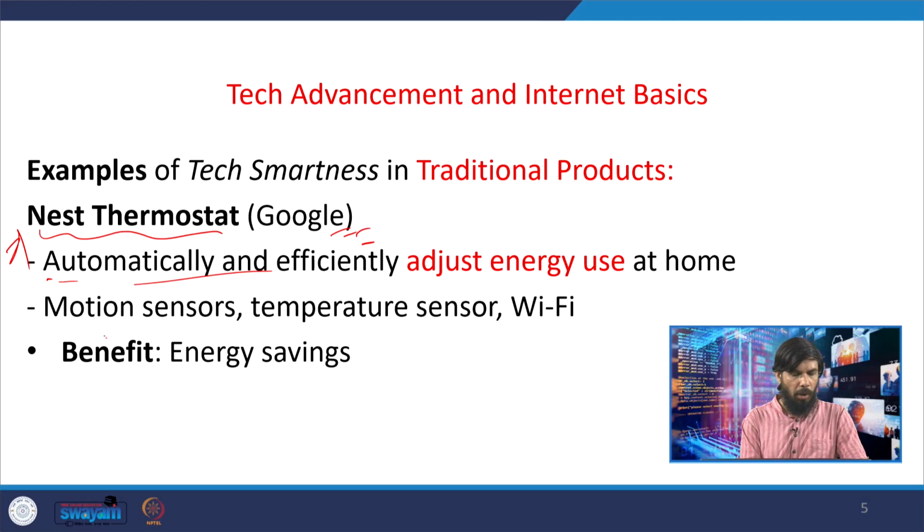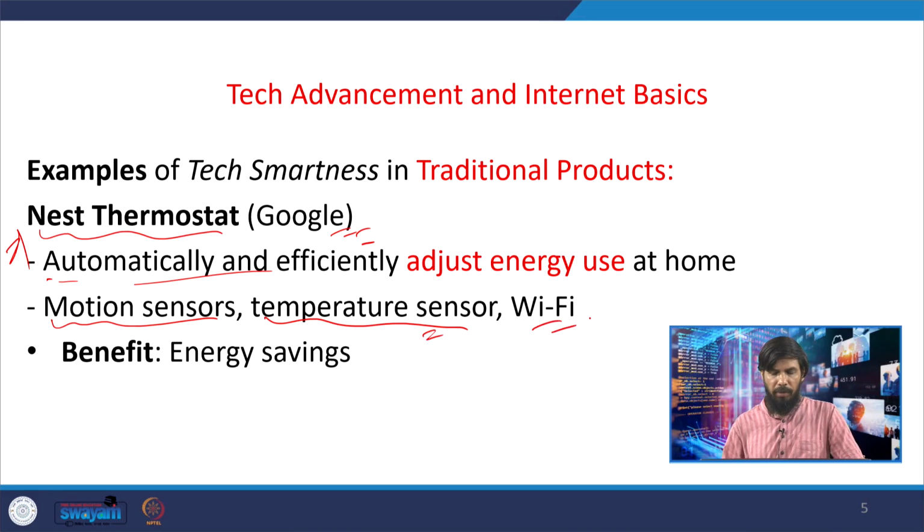So how it does that, it has motion sensors to detect whether there is someone in the room, and accordingly if there is no one in the room then it can adjust the energy use. Similarly it has a temperature sensor, so it knows what the desired temperature is and how to keep it at that level. And then the Wi-Fi, and obviously there would be an OS and a software part also, Wi-Fi for networking capability, so that you can control this and the data transfer can also happen.